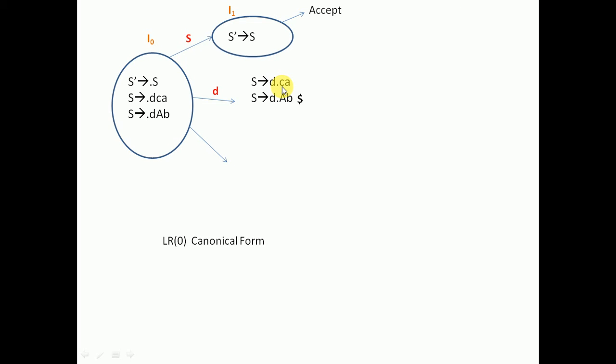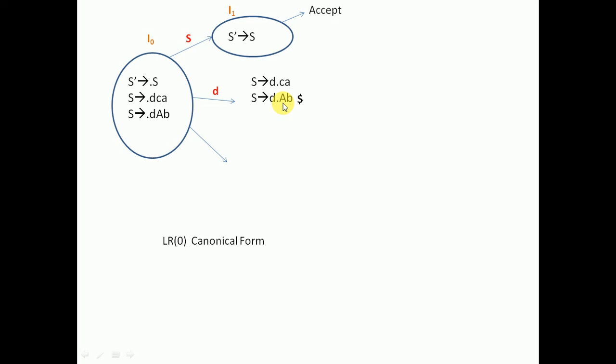Now this is integrated into a single state. Here the dot is in front of the small c. Can you see any closures of the small c? No, because the small c cannot define any closure, any production. Now let us create the move over the third production. You reach d dot capital A, but capital A is a non-terminal itself.